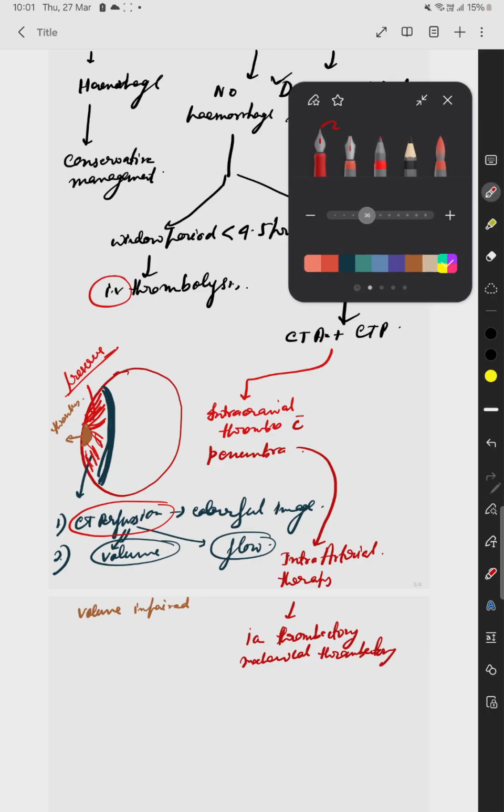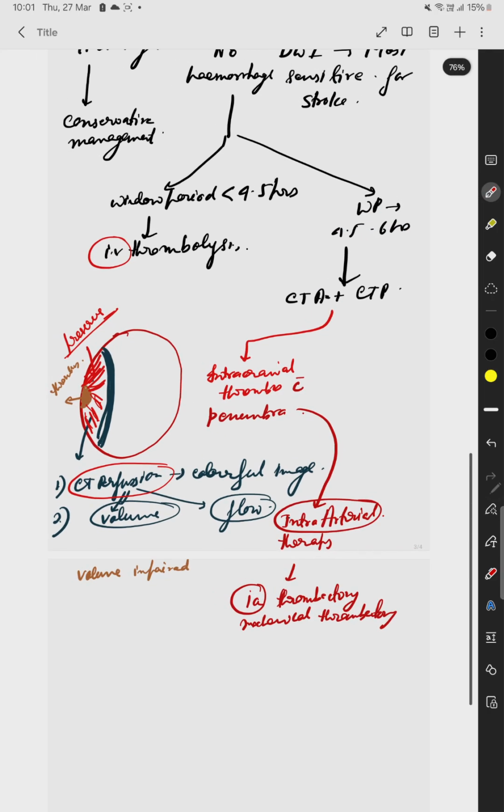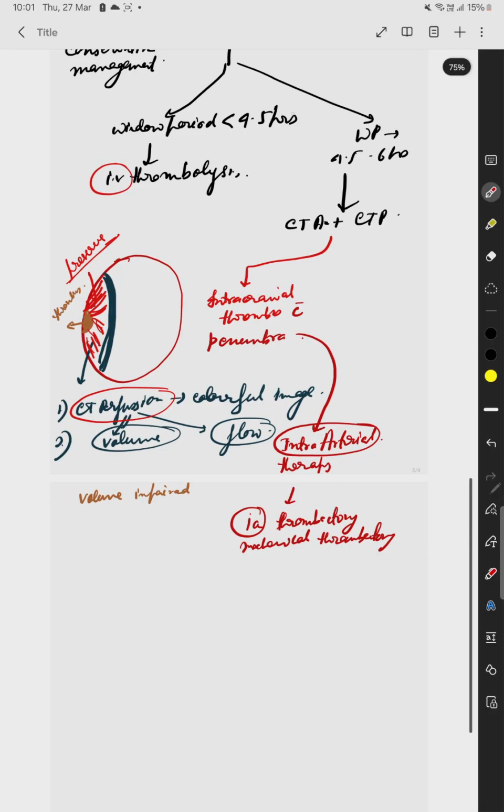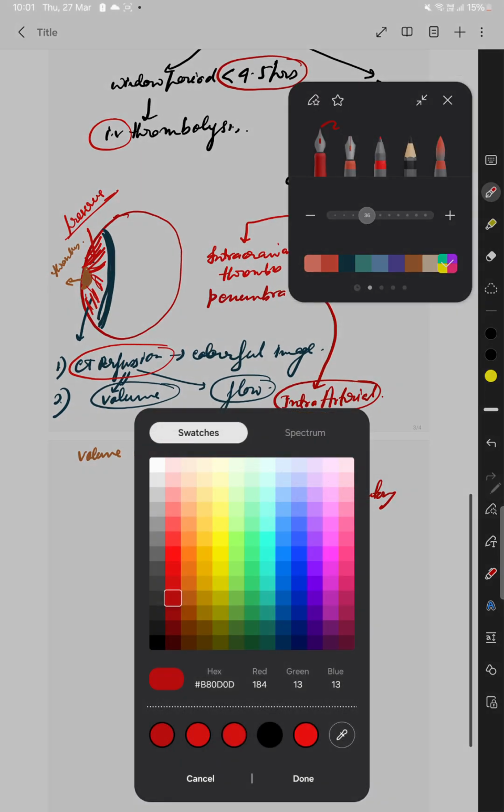We can go there and do a thrombectomy. Remember, this is intra-arterial, whereas the earlier one was intravenous, if it is less than 4.5 hours. And this is intra-arterial.